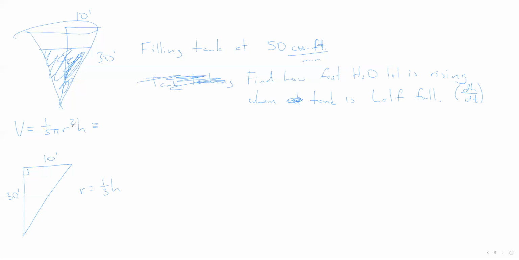I want to know something about the rate of change of height when I'm done, right? So I'm okay to sacrifice R, but I really want to keep height intact. Now I have this equation, which simplifies to 1/27 pi h cubed. So I got my volume. Instead of having to do an implicit differentiation with a product rule, now I have this all in terms of a single variable, and it's the variable I really care about.